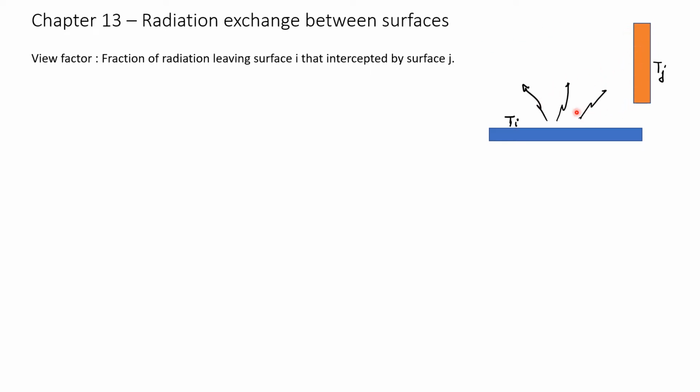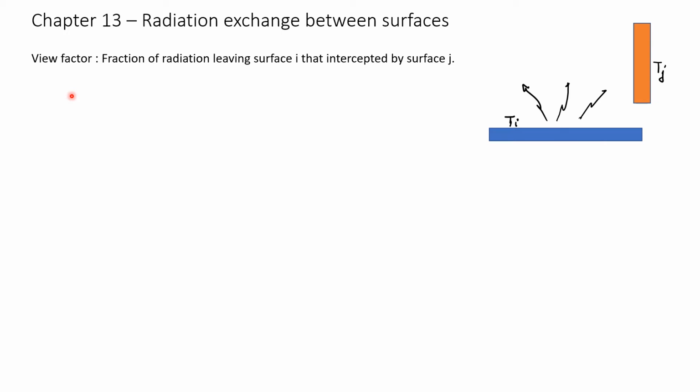But as you see here, not all radiation will be intercepted by this particular surface J. Only some part of the radiation will be intercepted by Tj, and we need to calculate how much of the radiation emitted by Ti is intercepted by Tj.